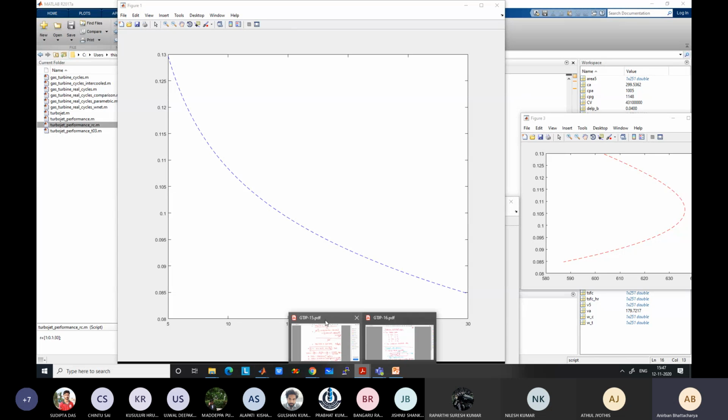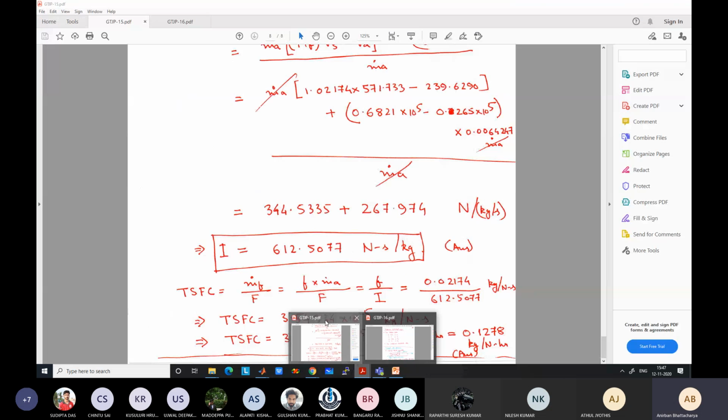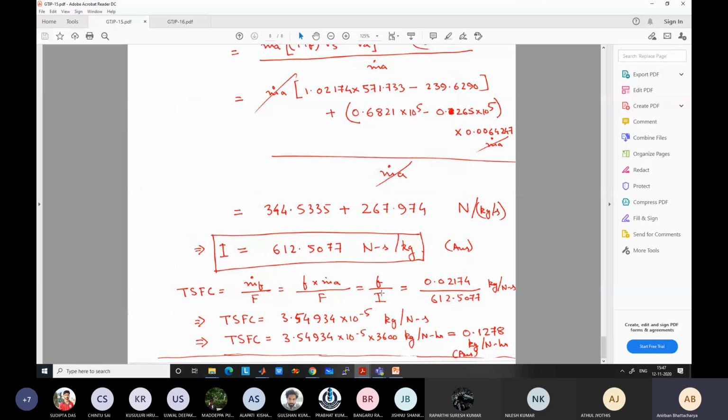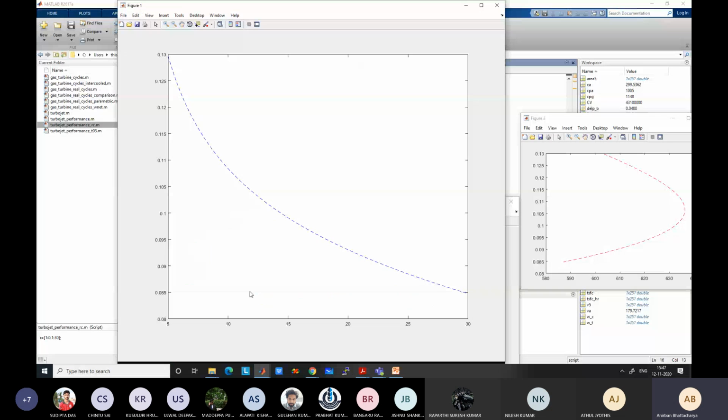For our data point of RC equal to 8, thrust specific fuel consumption was 0.127 in the more accurate calculation. Here I have ignored the fuel flow value, so it will be slightly different. So 8 will be somewhere around here.